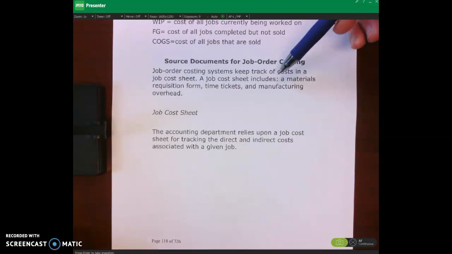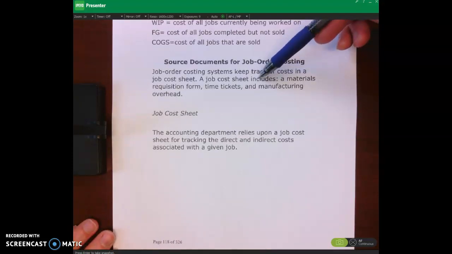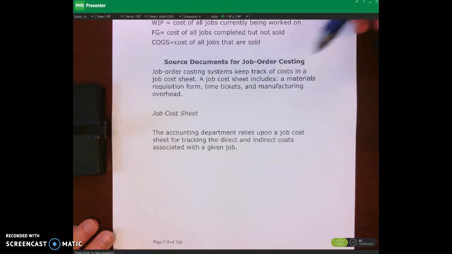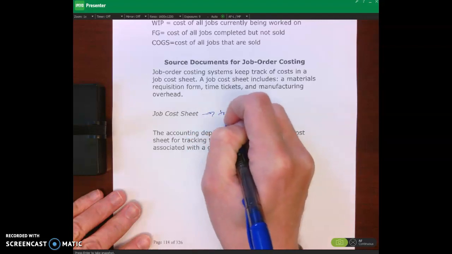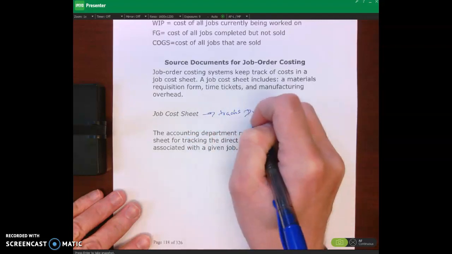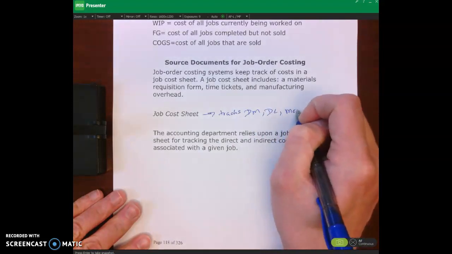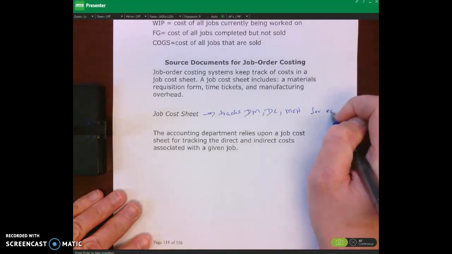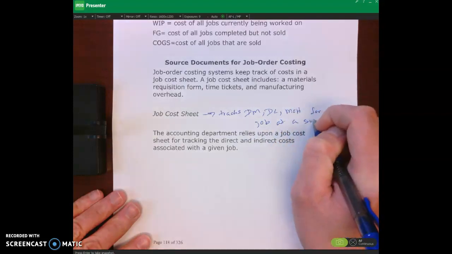So as I was saying in the earlier lecture video, a job cost sheet tracks materials, labor, and overhead, so the total cost of a job at a high level. So I'll say right over here, job cost sheet tracks direct materials, DM, direct labor, DL, and manufacturing overhead, MOH, for each job at a summary level.